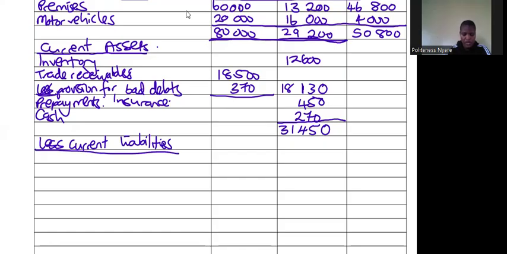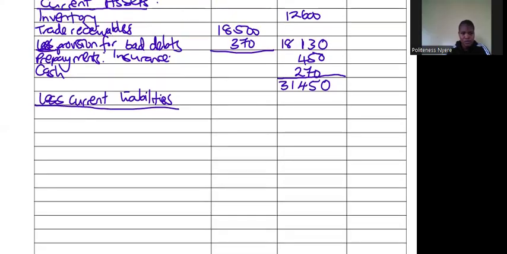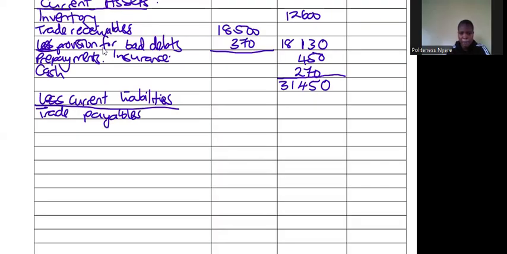On our current liabilities, we have trade payables. Our trade payables are 9,750, in the first column.